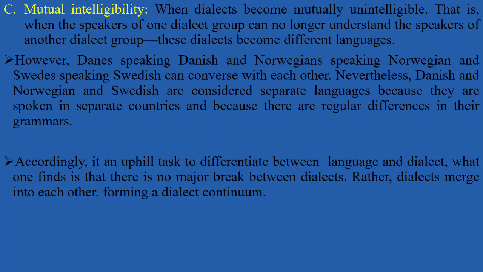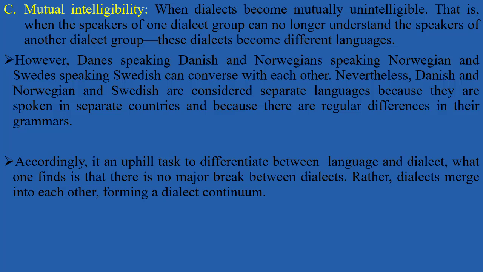The third criterion is mutual intelligibility. When dialects become mutually unintelligible, that is, when the speakers of one dialect group can no longer understand the speakers of another dialect group, these dialects become different languages. Okay, so mutual intelligibility is about the understanding of language between two different groups.